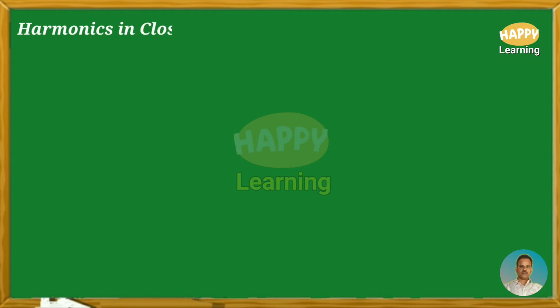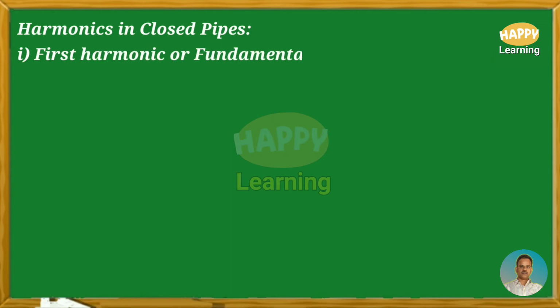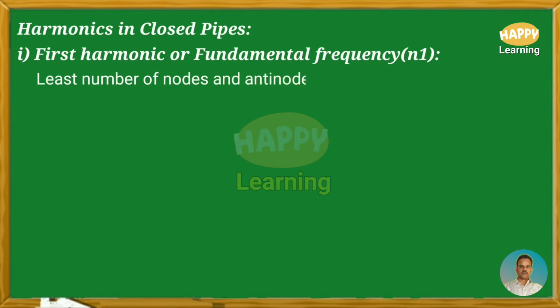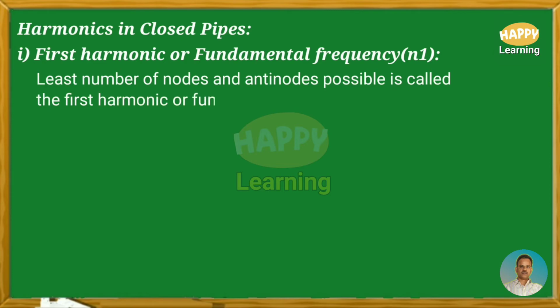Harmonics in closed pipes. First harmonic or fundamental frequency, symbol N1. The least number of nodes and antinodes possible is called the first harmonic or fundamental mode.